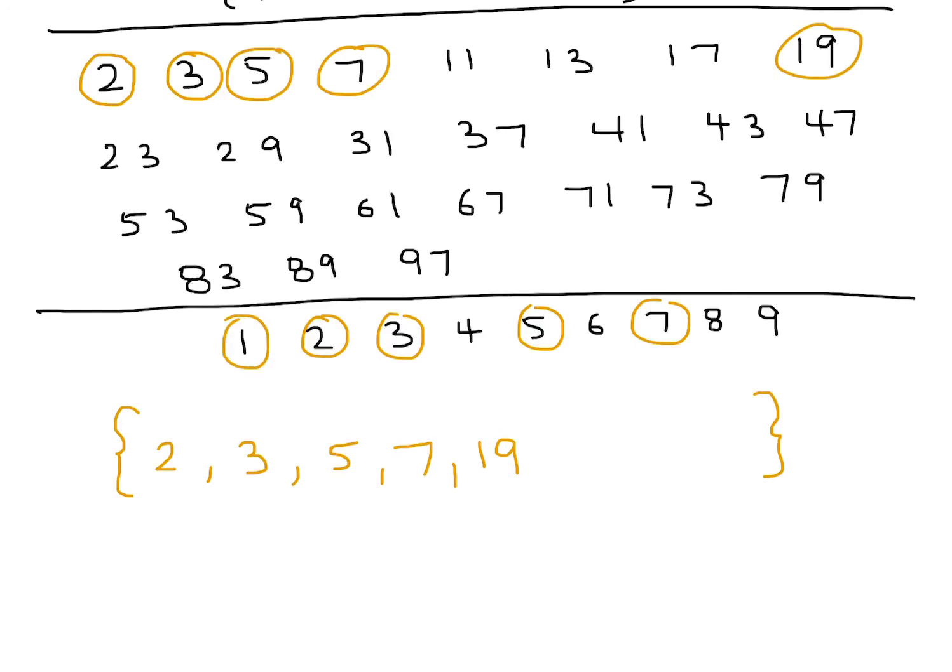So that uses 1 and 9. 23 I can't use because I've already used the 2. And similarly 29. Can't use 31, 37 because I've already used the 3. 41 I can't use because I've already used the 1. 43, same reason. 47. So I can't ever get a 4 in there unless I go beyond 97. So that's fine. We can try again.